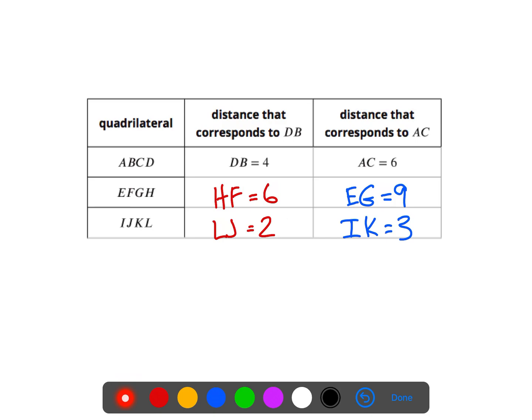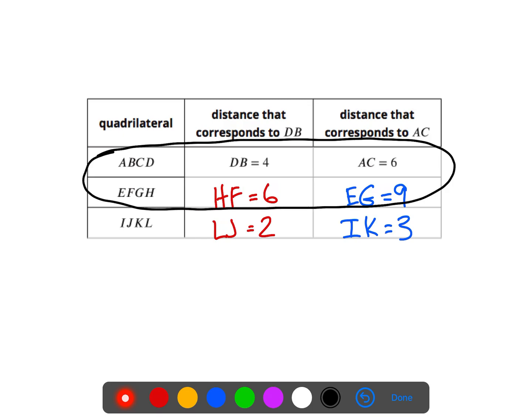So what I mean by that is if we were to look at these first two figures here. Now remember, we're comparing these two horizontal measurements and these two vertical measurements of the figure.